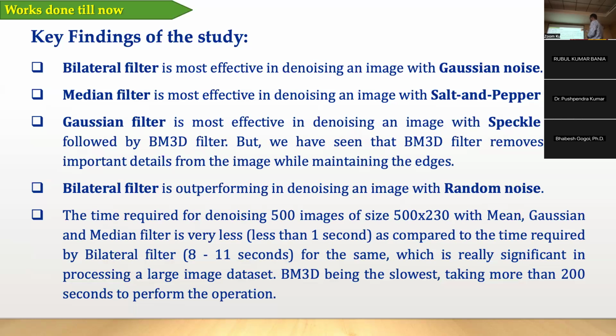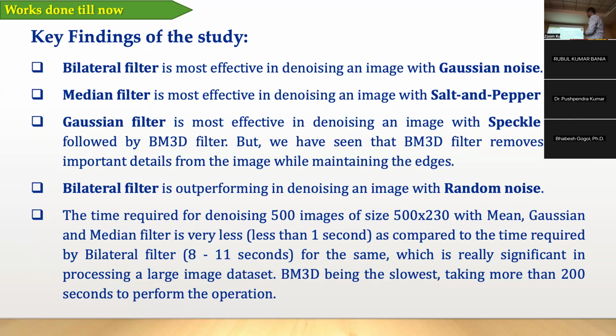So we do not recommend BM3D. We have another reason for not recommending the BM3D filter for our study, which I will discuss in the next part. Then the bilateral filter outperforms in denoising random noise.